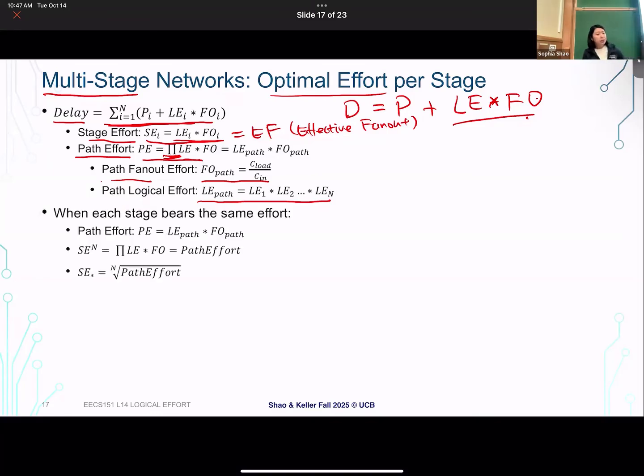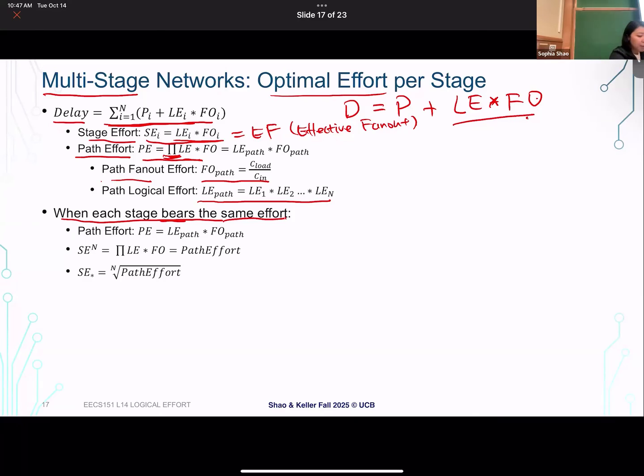But what we really want to do is figure out how we can minimize overall delay, right? And as we discussed earlier, the same principle holds: the delay is minimized when we equally distribute the overall effort to each stage, right? It's basically when each stage has the same effort.